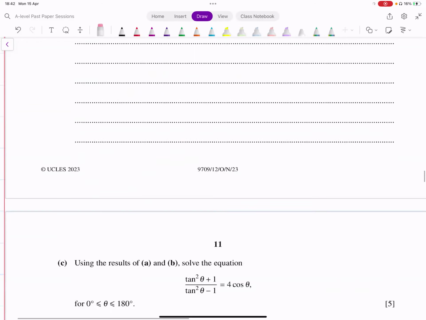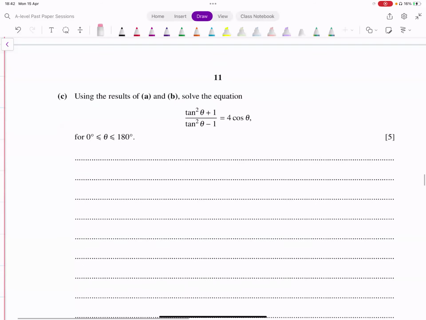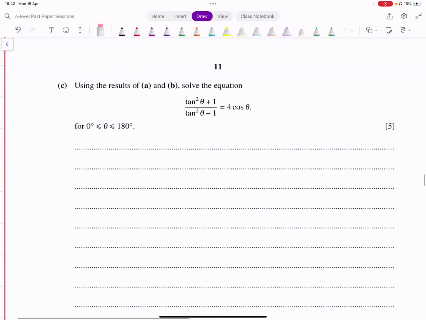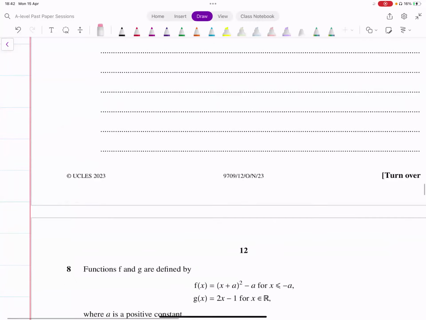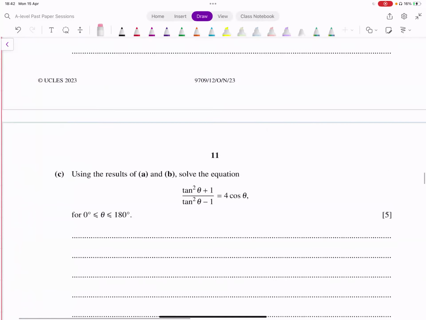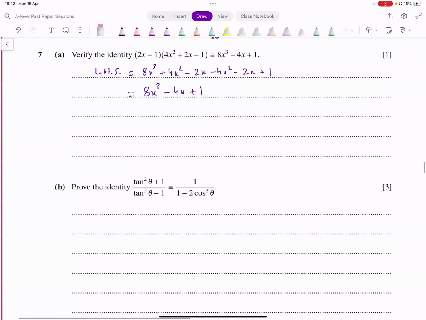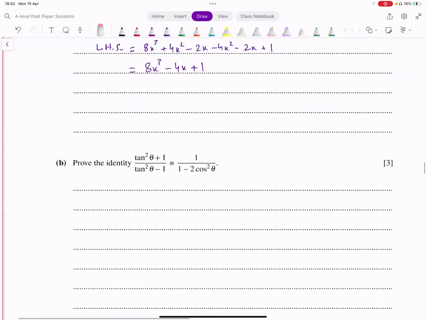So keep in mind that you might need to use that. Yeah, so in part C, they've asked you to use those results from parts A and B, right? So there's a purpose of making you do this. Otherwise, it doesn't make sense to ask you to do something in one part and then something totally different in the next part. So they want you to use these two together in the next part after this. So keep this in mind.